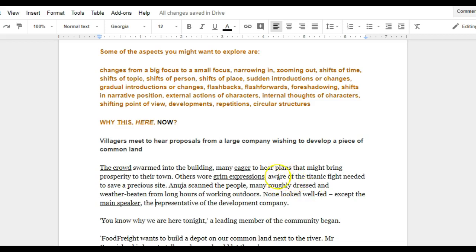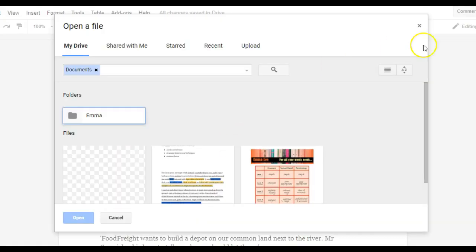We've also got other interesting things that I might want to take up, like the many roughly dressed and weather-beaten, compared to the representative from the development country. So we've already got this us versus them idea that I might want to explore. I'm just going to have that in my head, because it's a while since I read this, as I track these ideas through. All I'm doing is picking up what ideas I have at the beginning and how they're going to develop all the way through, and that's all I'm doing.